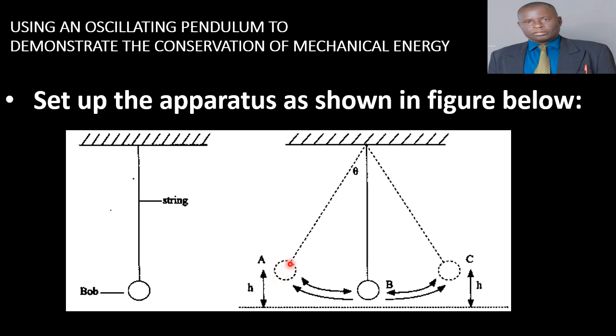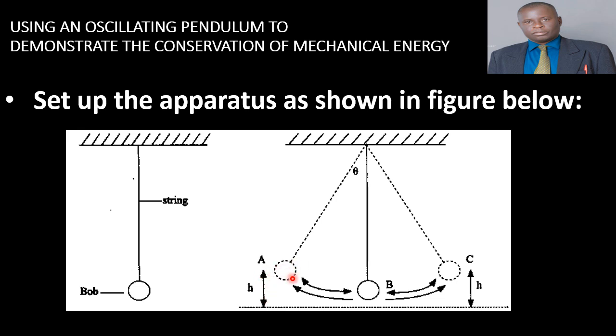So it gains potential energy there, so that upon being released, the energy it has is going to be transformed. Because of this height, it has potential energy there.